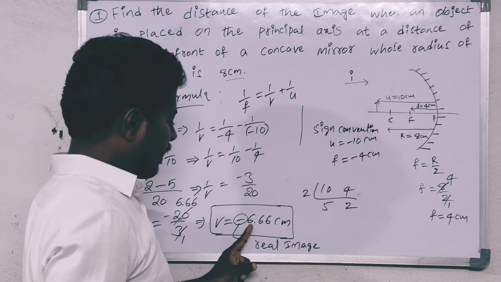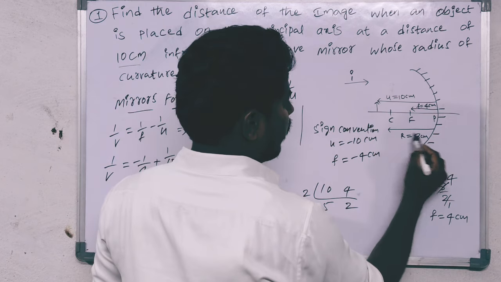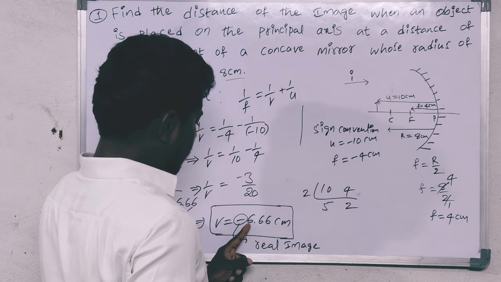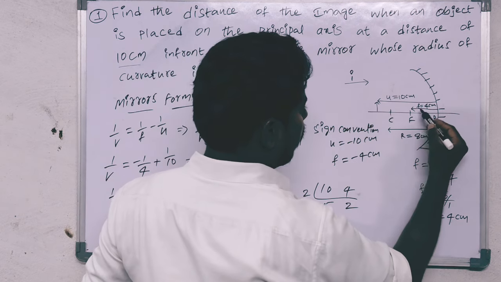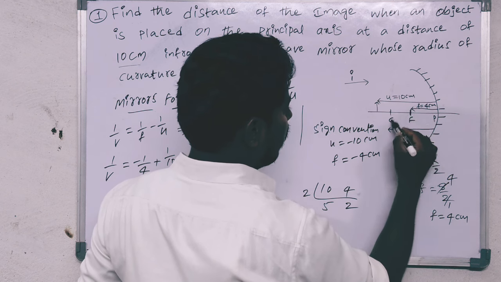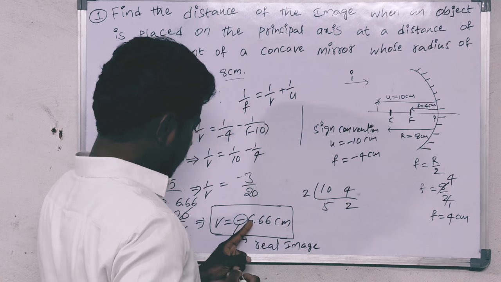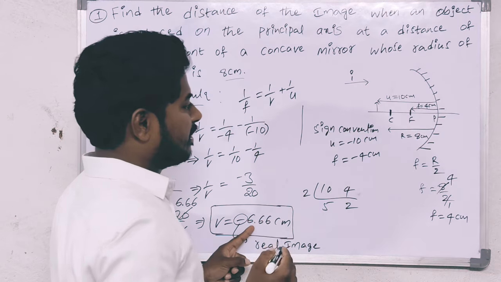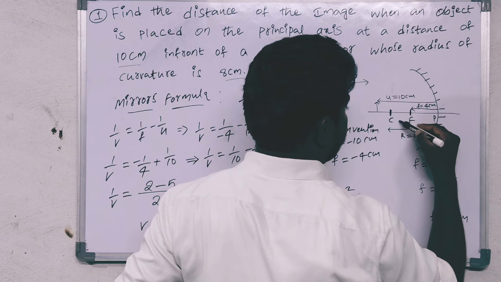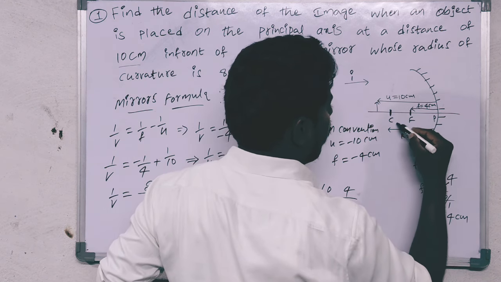Observe the value, it is 6.66. So the radius of curvature is 8 centimeters and definitely the focal length is 4 centimeters, and 6.66 lies in between the center of curvature and focus. Maybe your image is going to be formed here.